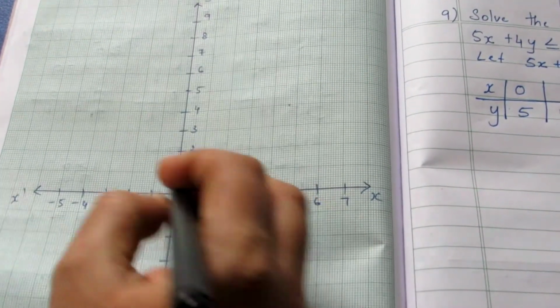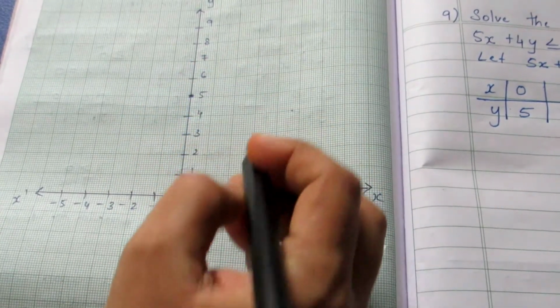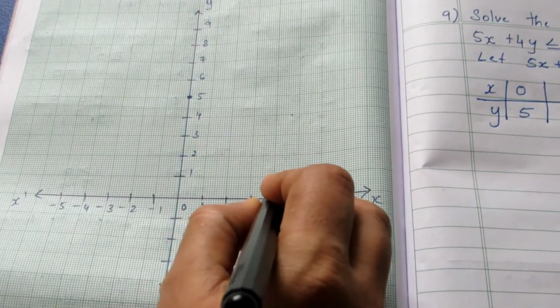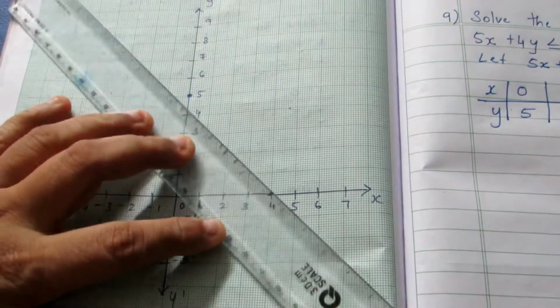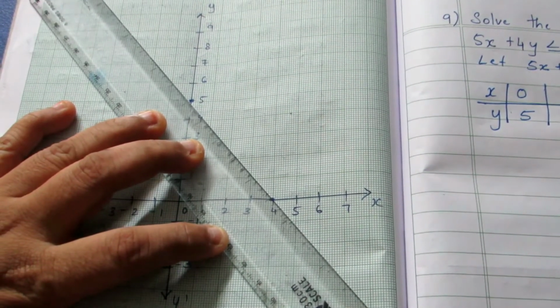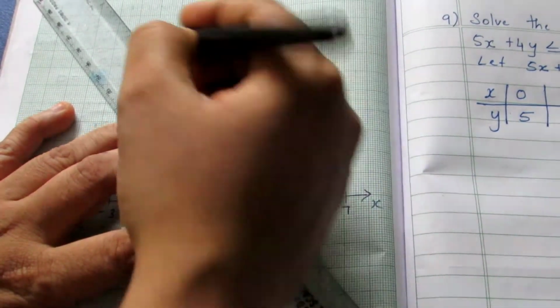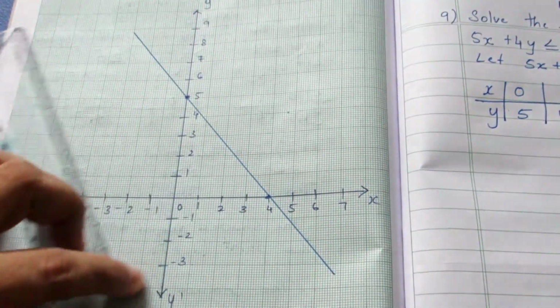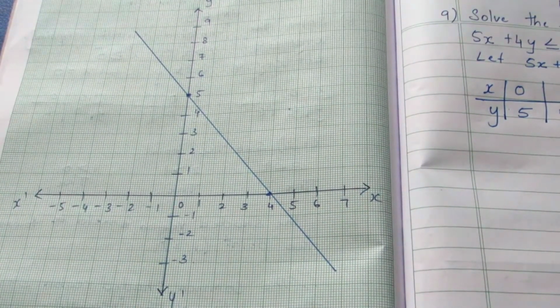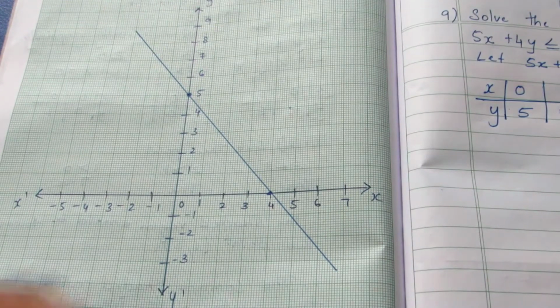First one is (0, 5) for the first equation. Next one (4, 0). Join it, extend the line. This is the line for 5x plus 4y equal to 20.